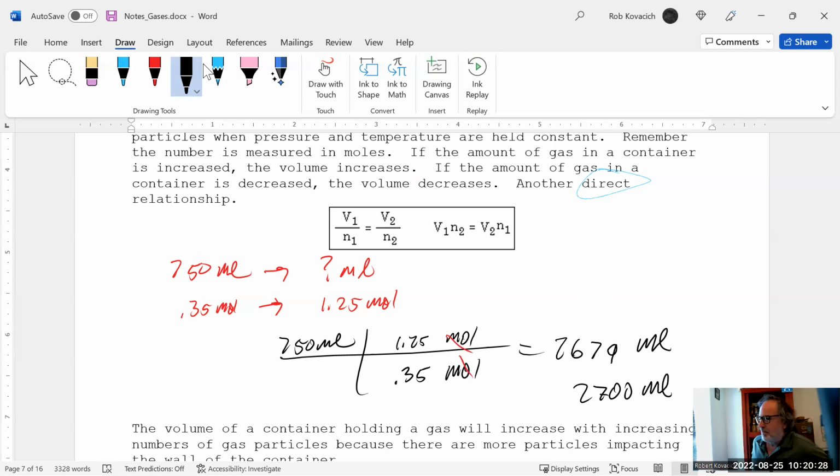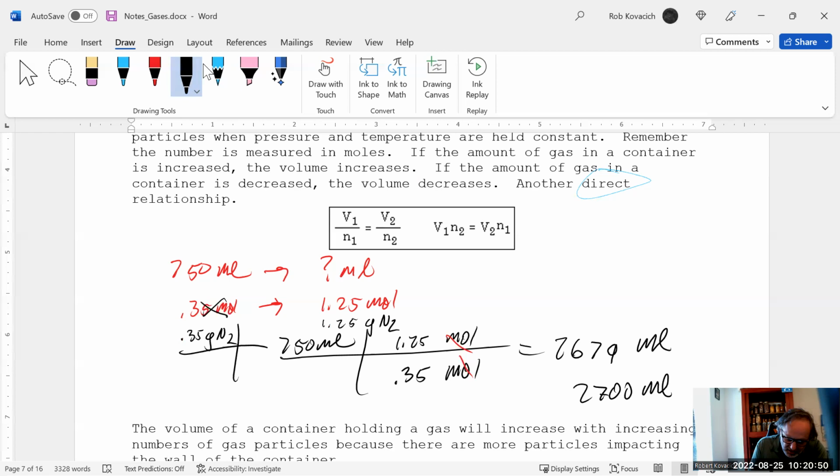Okay, so this could be more complicated if instead of it saying moles here, it said 0.35 grams of nitrogen. And then over here it says 1.25 grams of nitrogen. The difference is you have to do a gram-to-mole conversion.